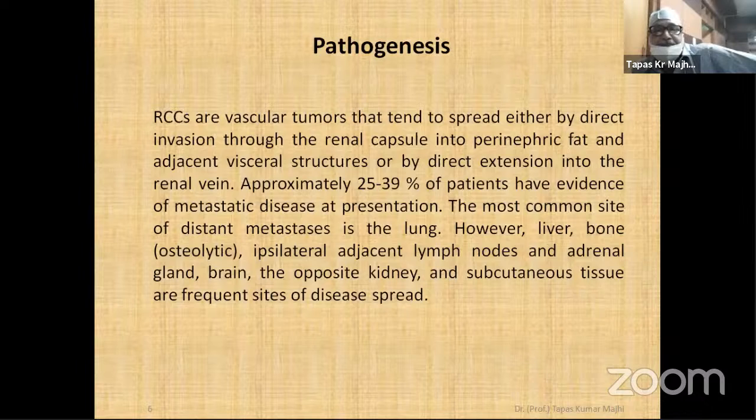Approximately 25 to 30% of patients have metastatic disease at presentation. The most common site of distant metastasis is lung. However, liver, bone, which is usually an osteolytic lesion, ipsilateral adjacent lymph nodes, adrenal gland, brain, opposite kidney, and subcutaneous tissue are the frequent sites of distant spread.